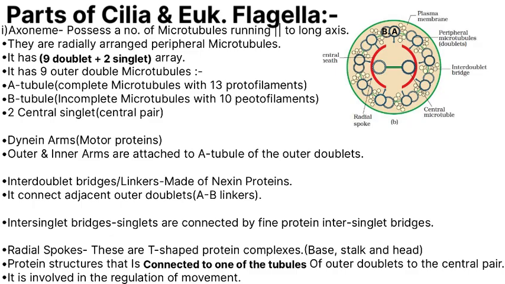It stabilizes the central pair to keep these two singlet microtubules correctly aligned in their position. And most importantly, it maintains the symmetry of the circumference by preventing the central pair from rotating independently and ensures proper wave propagation of the axoneme.